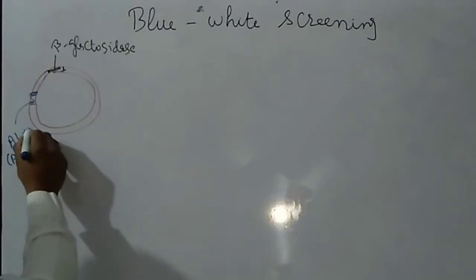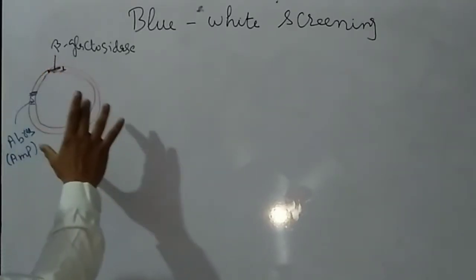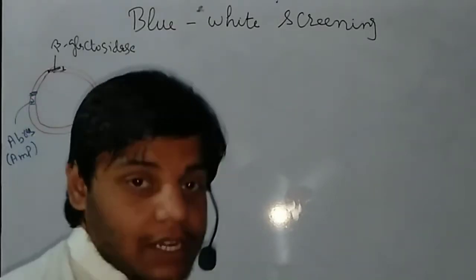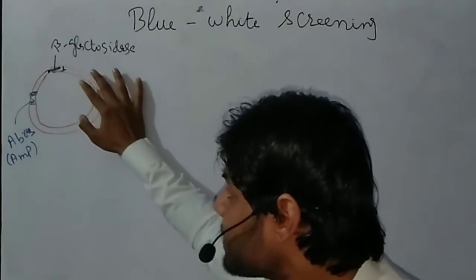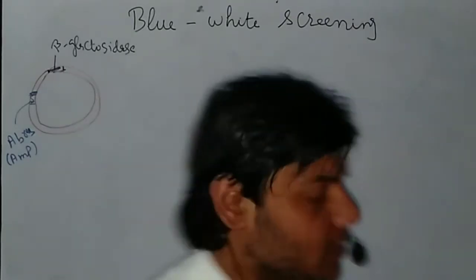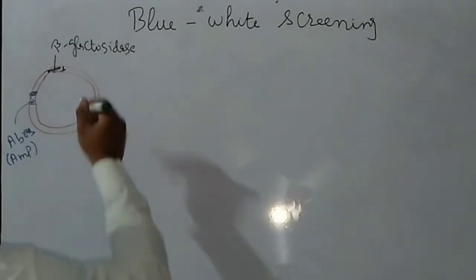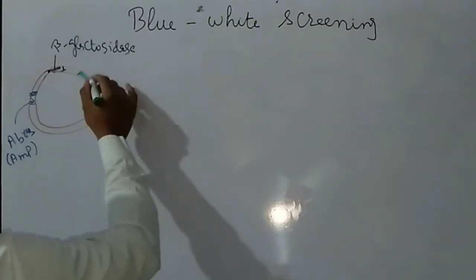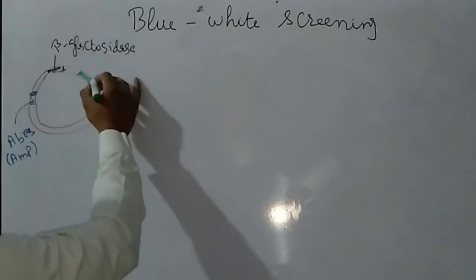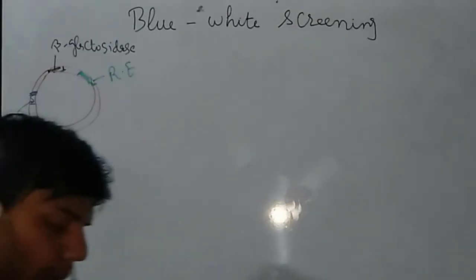Okay. Now, this is the vector we always use in blue-white screening. And somewhere at a specific site, there is a restriction site. Near the beta-galactosidase, or the reporter gene, there is also a restriction site or multiple cloning site.